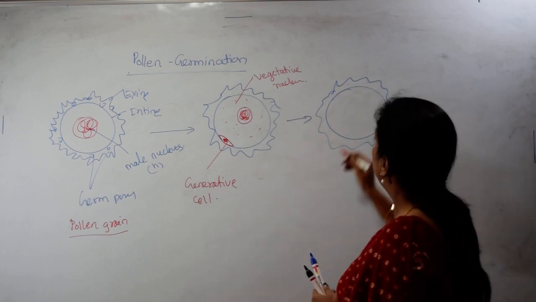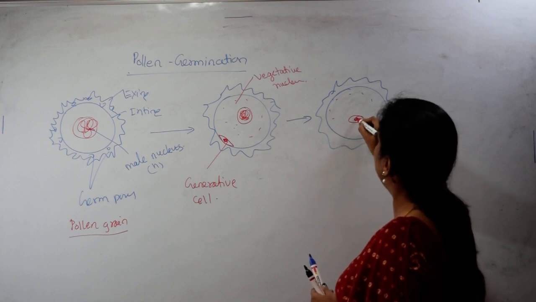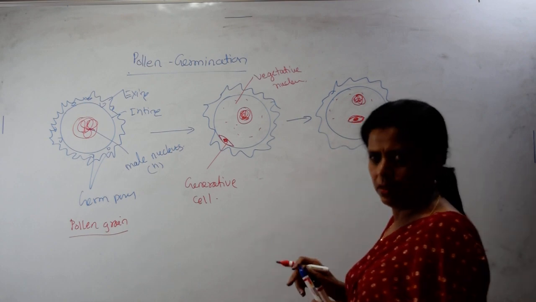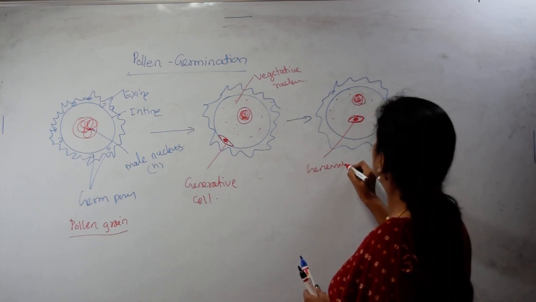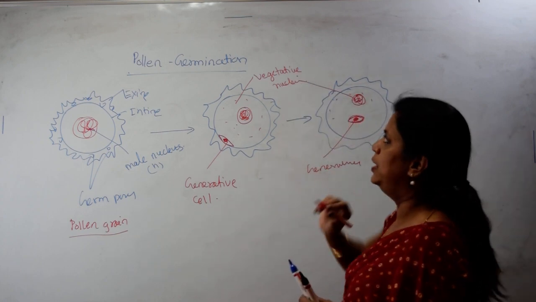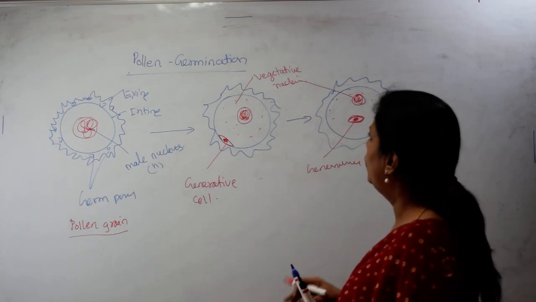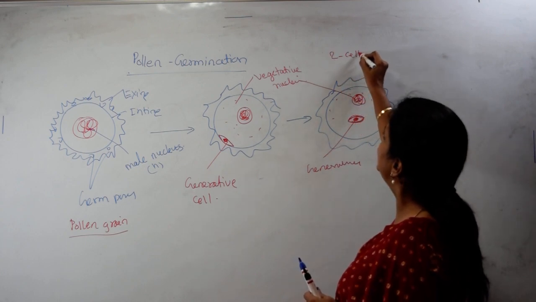This is the generative cell, small and lanceolar, meaning lens-like. This is the vegetative cell or nucleus. This is called a two-cell stage.